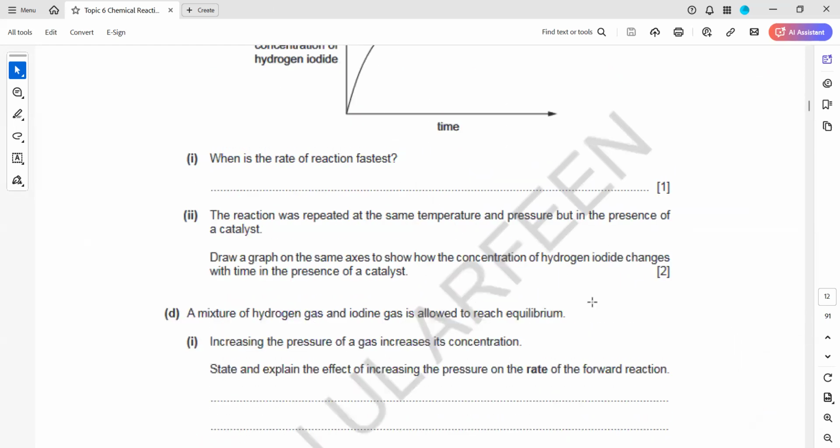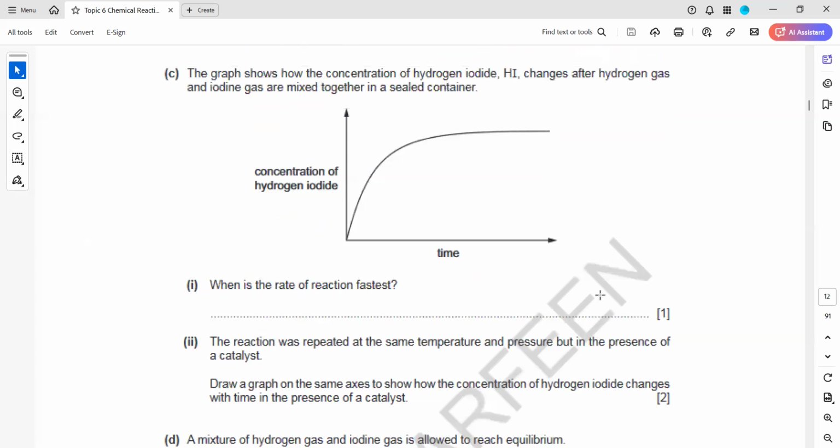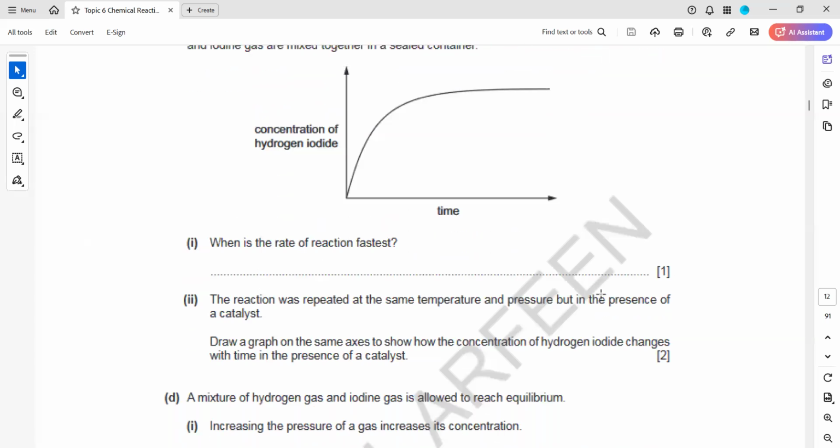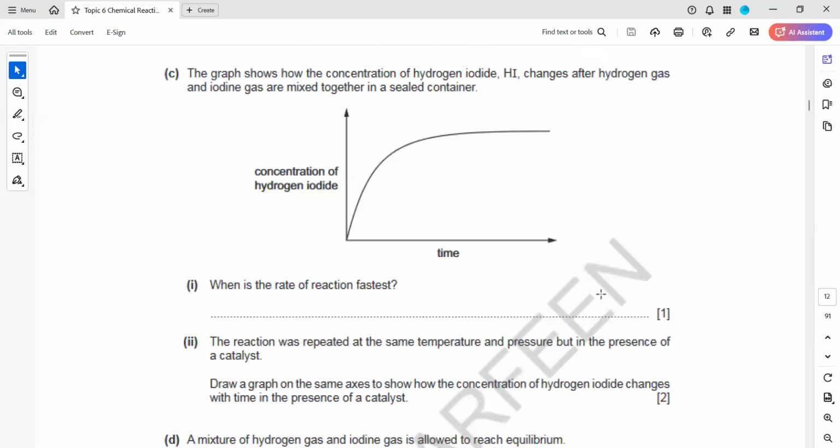The reaction was repeated at the same temperature and pressure, but in the presence of a catalyst. Draw on the same axis to show how the concentration of hydrogen iodide changes in the presence of a catalyst. So what is the effect of the catalyst?